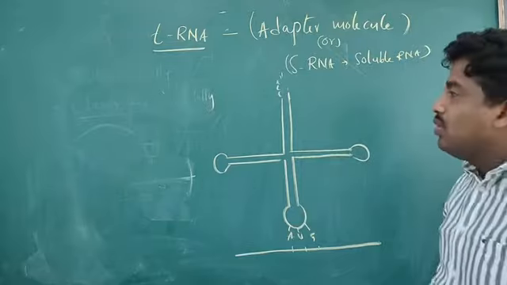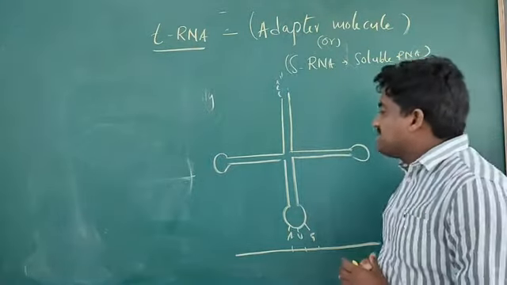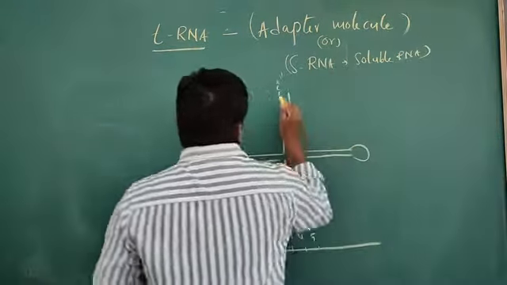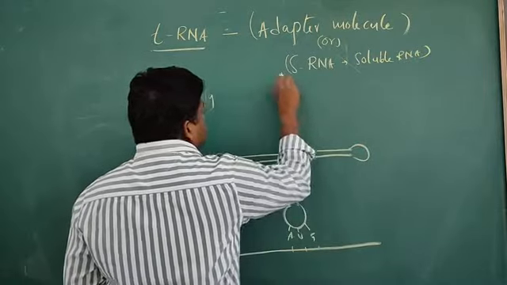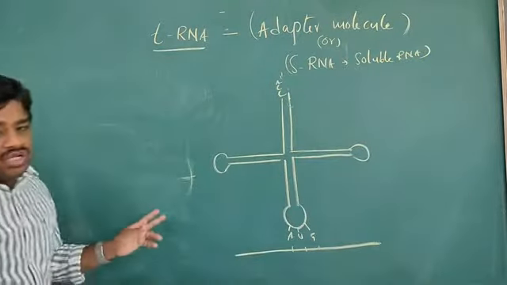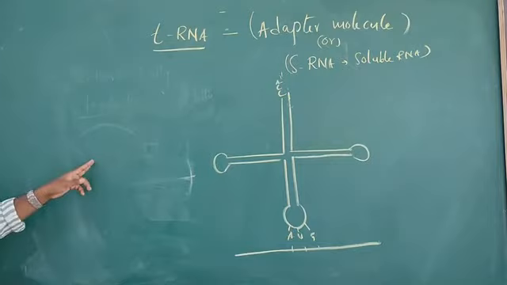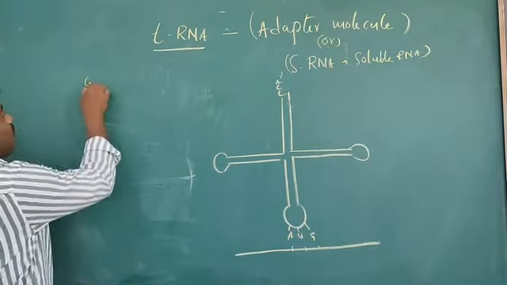Now you can see the structure of this tRNA. It has 4 loops.